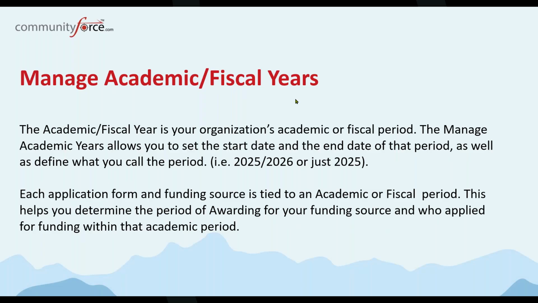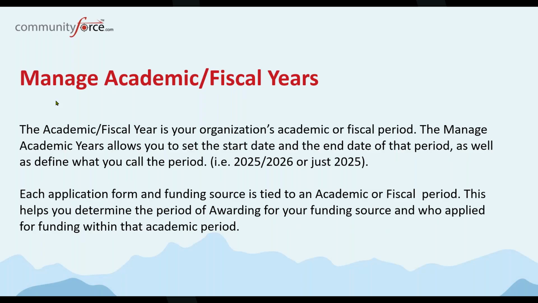The awarding is key because you want to make sure that when you're awarding your applicants, you're doing it in the correct fiscal period. So we have a field when you're creating your application, as well as when you're creating your funding sources, of what's the academic period on the funding source. You're putting your monetary amount that you have available to award on that funding source, and what's the academic period you're going to be awarding it.